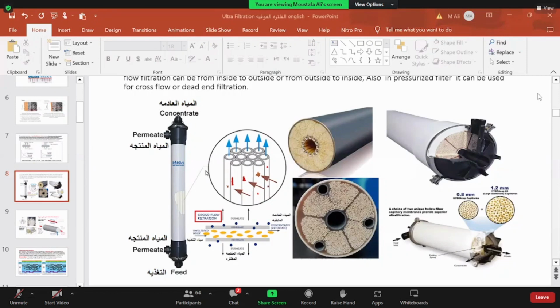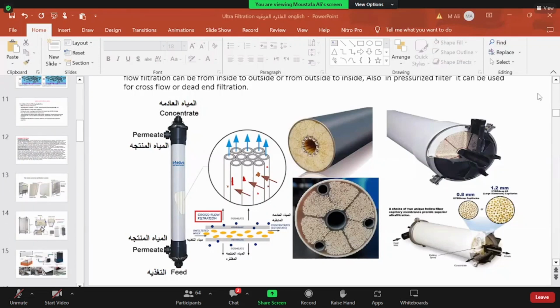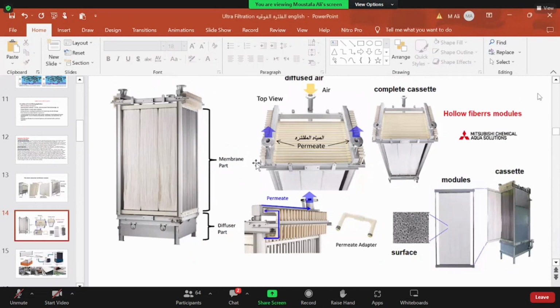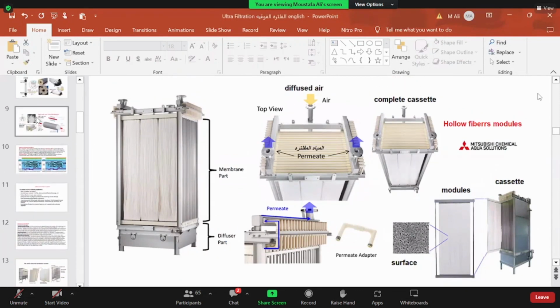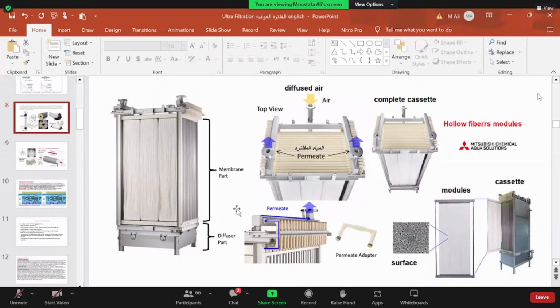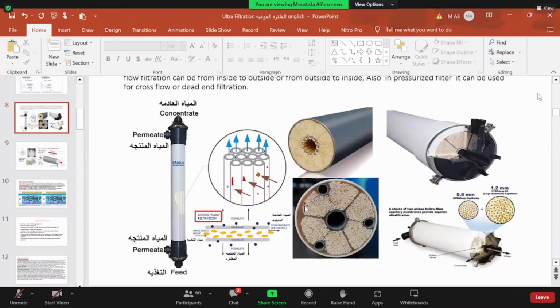So this is for hollow fiber modules inside a pressure vessel. Let's see the other type, which is submerged. We show in this figure the hollow fiber, which can be mounted as a pressurized system.